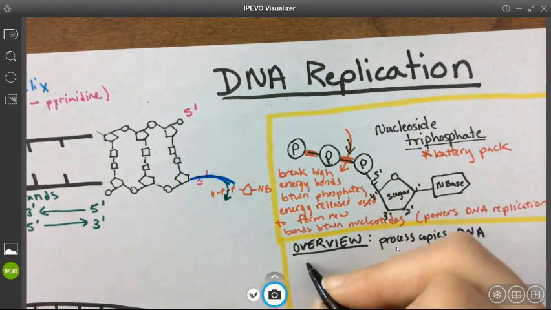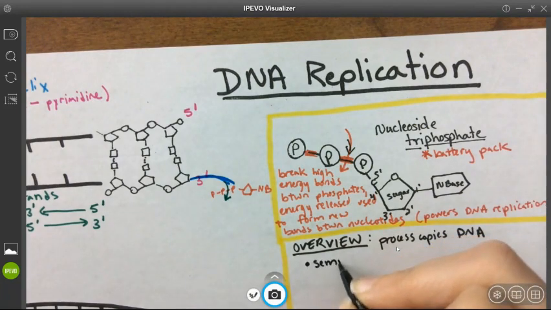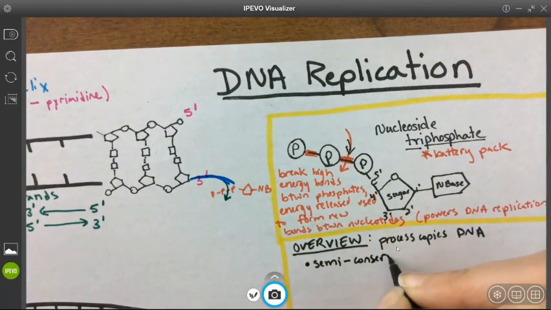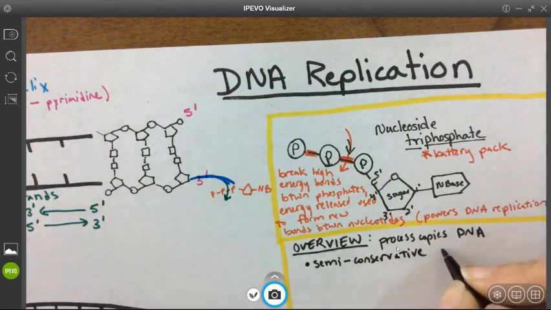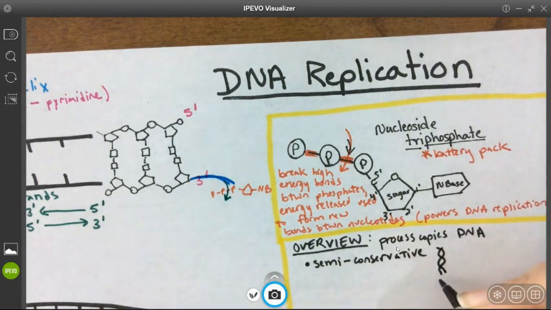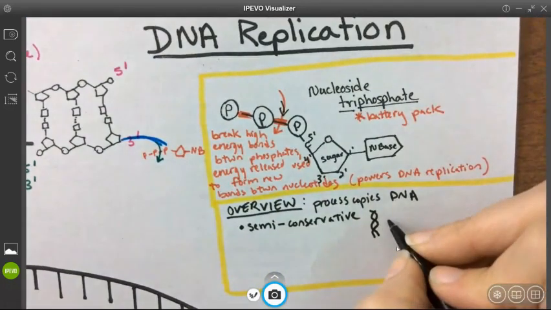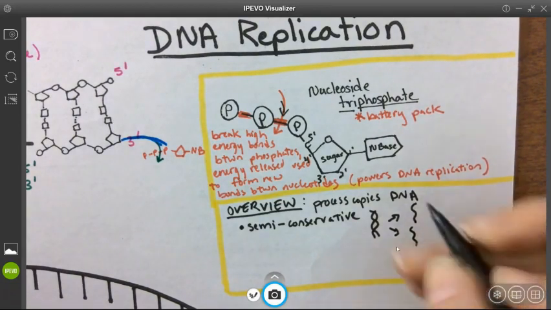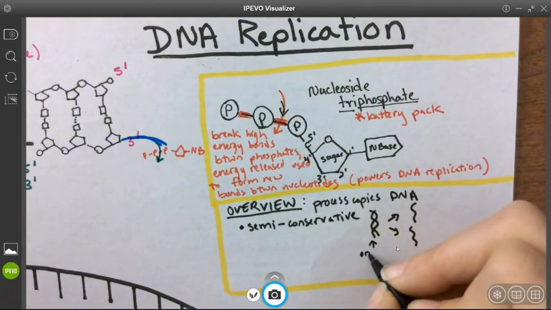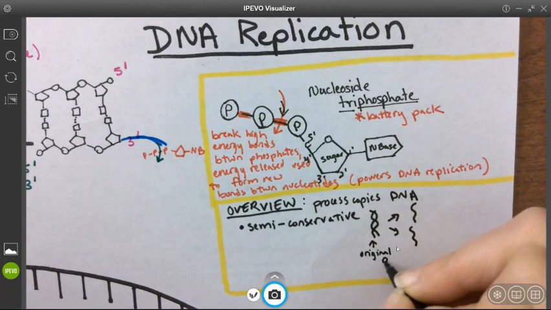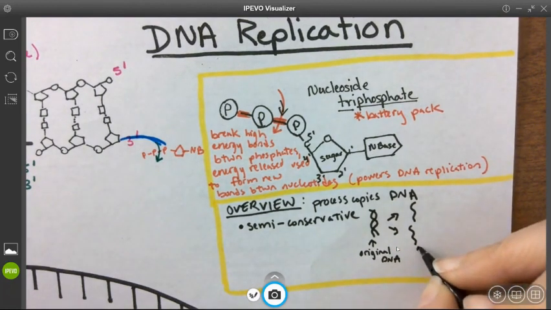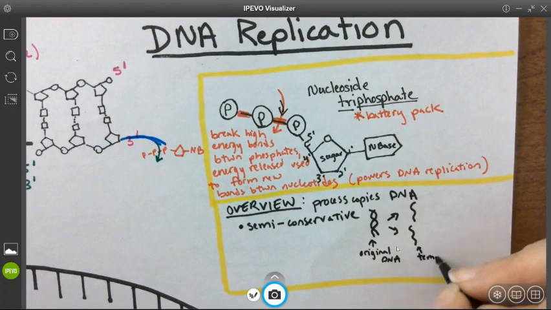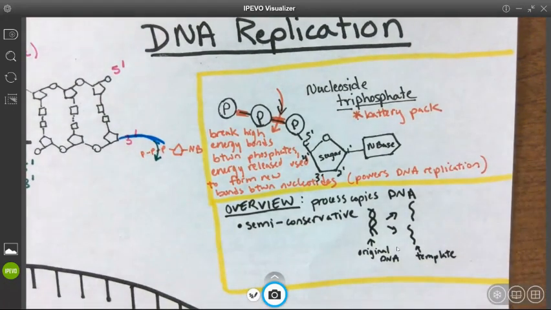Okay. We also know that DNA replication is semi-conservative. So if we have a DNA molecule and we want to replicate it, we know that that DNA molecule opens up and each original strand of DNA, so here's the original DNA, acts as a template for new DNA nucleotides to be added.